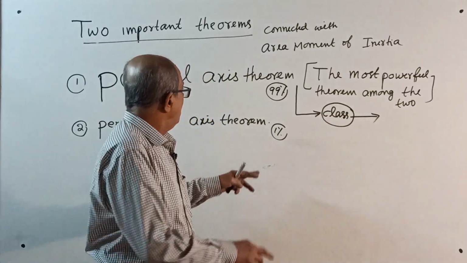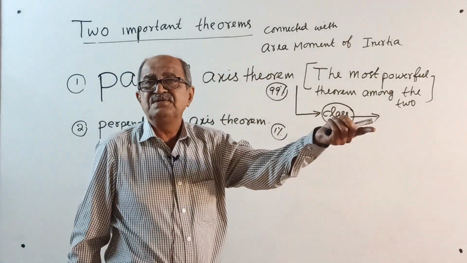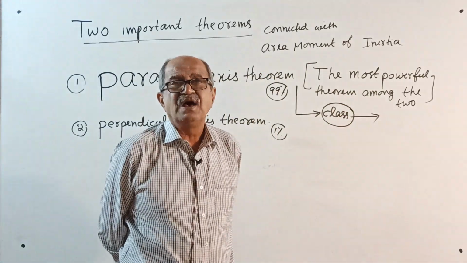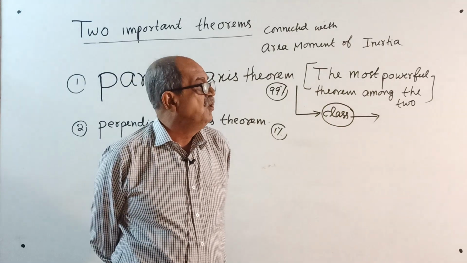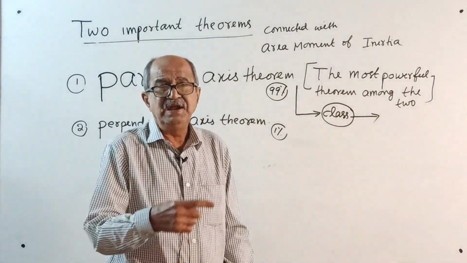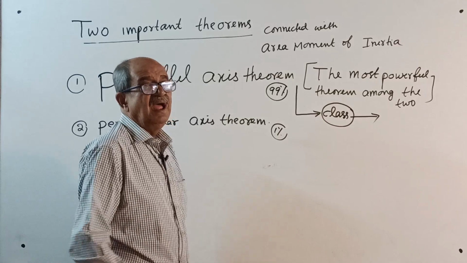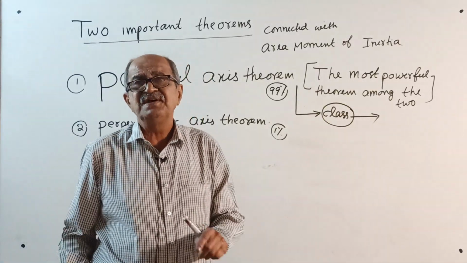But after these two theorems are over, in the next class there will be some extra terms, like radius of gyration or polar moment of inertia. It will partially come today only. And then something called product of inertia. They all will be discussed in one particular class.